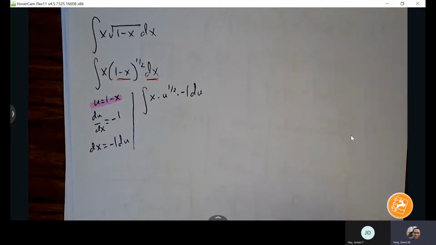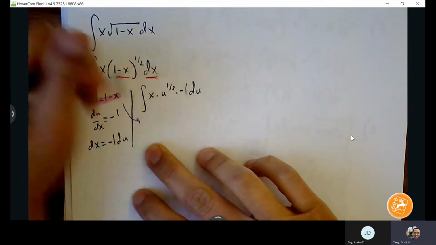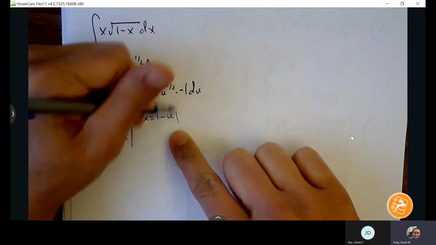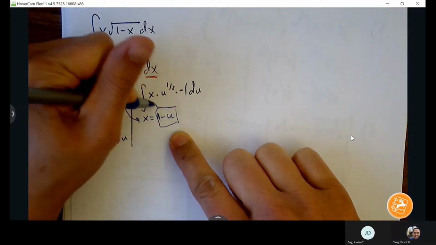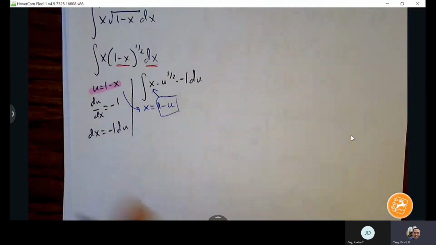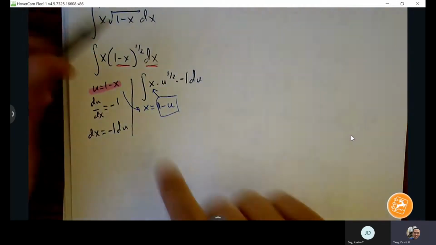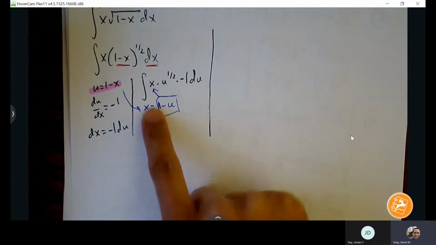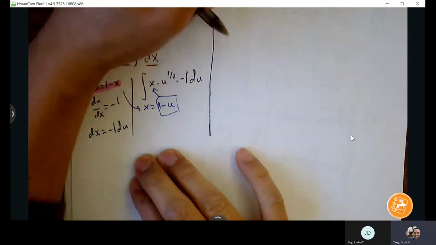So we solve for x. x equals 1 minus u. So that is going to go in place of this x here. All right, we can't move forward until all the x's are resolved, and this is our workaround for this x that doesn't go away for us.